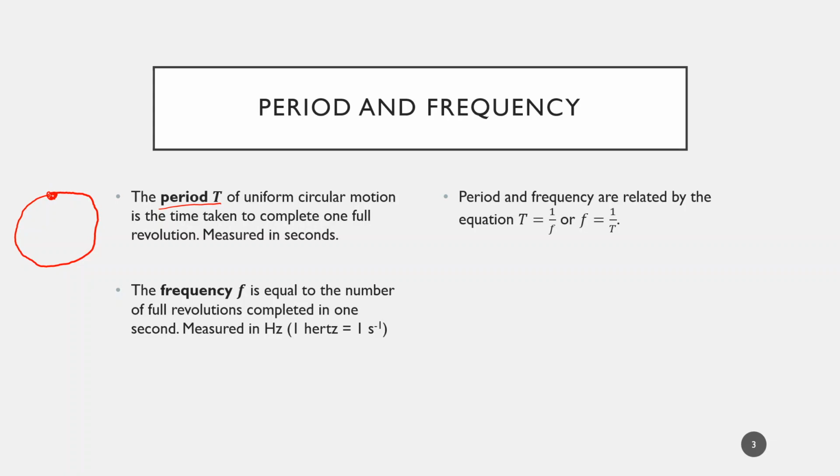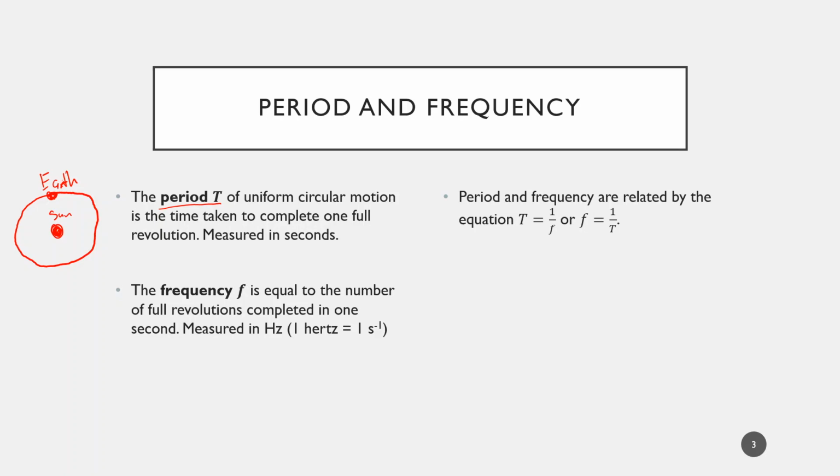The time it takes for the Earth to orbit the sun once, that's called a period, and we measure that in seconds. For us on Earth, that takes about 365 days, but if we're using it in a calculation, then we should convert that to seconds. It's just the amount of time that it takes for an object to complete one full cycle of a circular path.